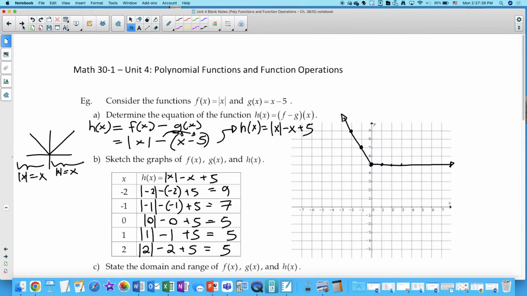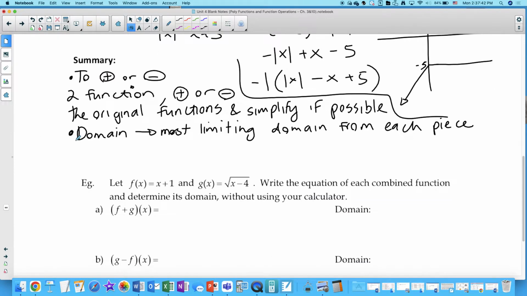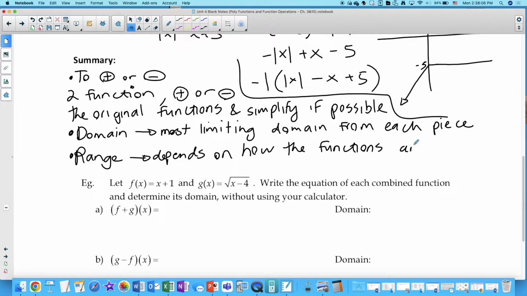Okay, so the range sort of depends on how the functions are combined. So the important piece is to look to the graph.